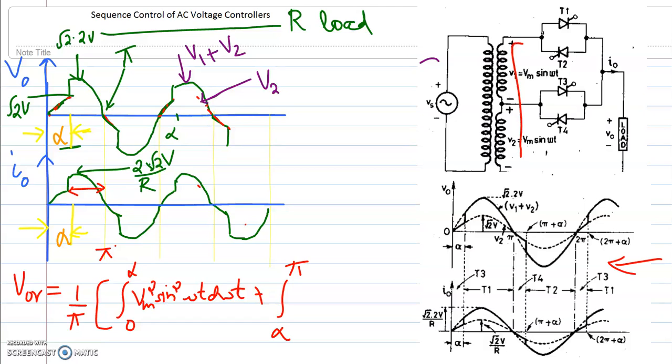So 2 Vm is squared, so it is 4 Vm squared sin squared omega t d omega t, all raised to 1 by 2 because it is the root of the mean of the square. And this is how you can obtain the RMS value of the output voltage.